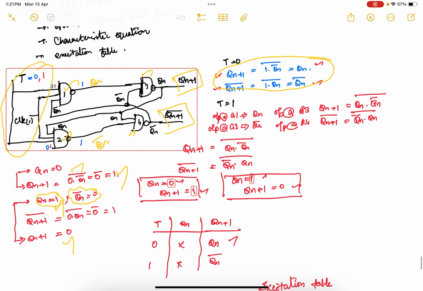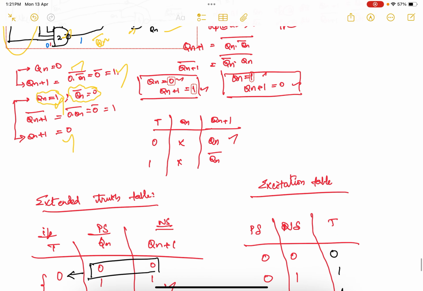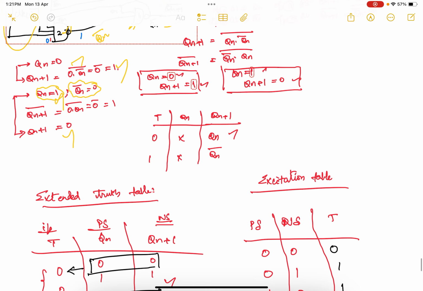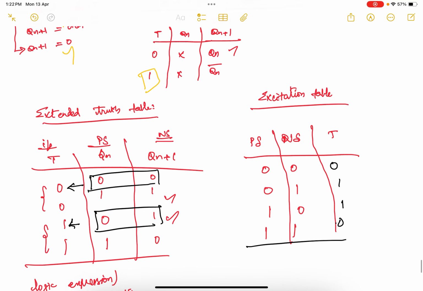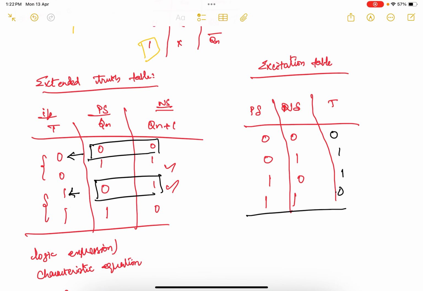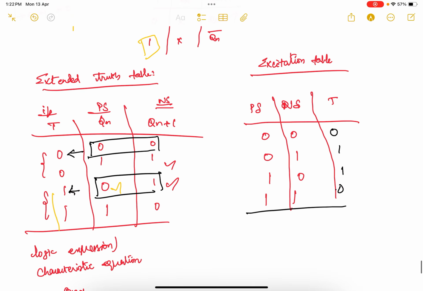Based on that, we have written: if the present state is complementing when T equal to 1, we write it in the expanded truth table. If the present state is 0 and T equal to 1, the next state is nothing but the complement of the present state.